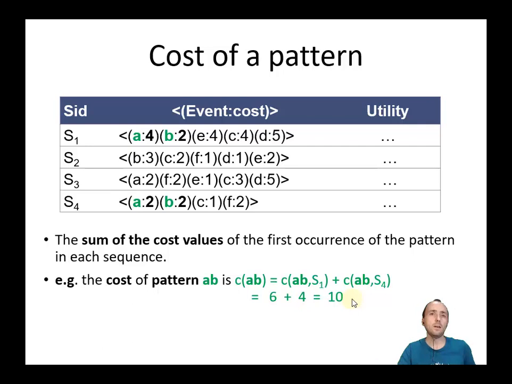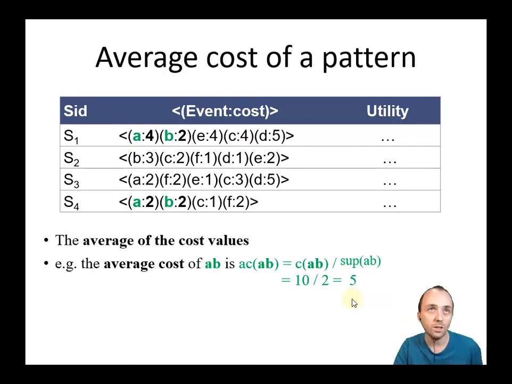But if we use the sum or the total, maybe it is not so interesting. It will actually be better if we use the average. So now I will show you another measure. It is called the average cost. This will tell you, on average, for most people who do A followed by B, what the average cost is to do this pattern.